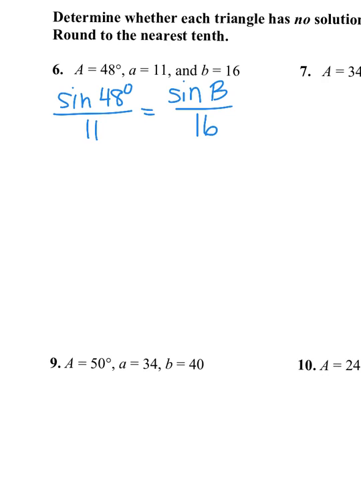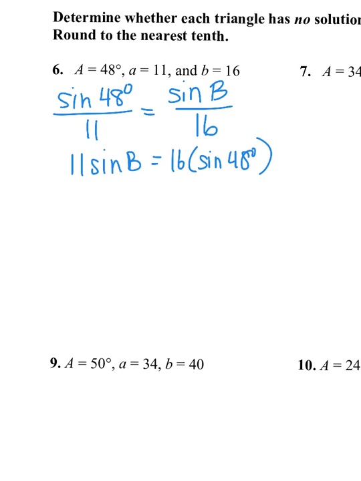And now we're going to solve. So I'm going to go ahead and cross multiply. And then I get 11 sine of B is equal to 16 times sine of 48 degrees.